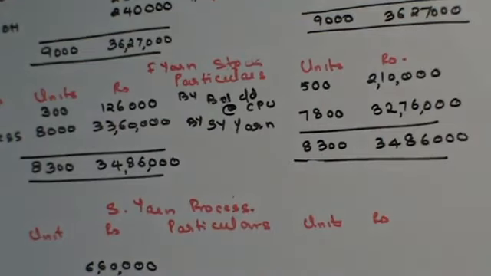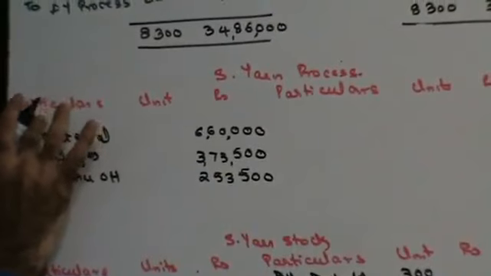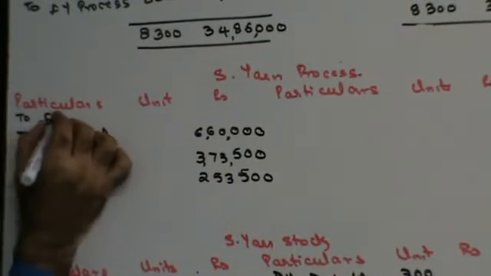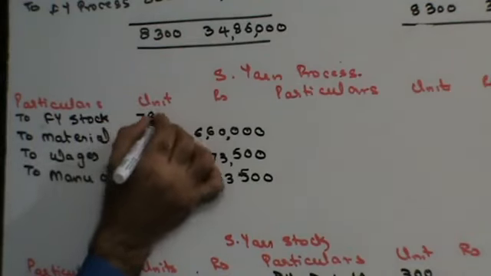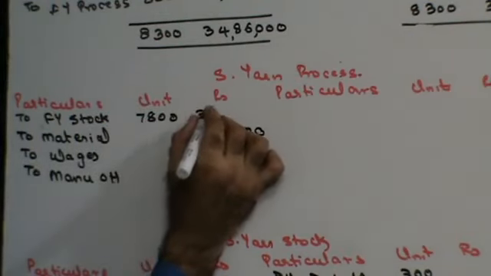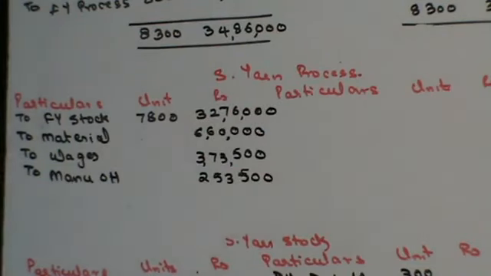Right? Transfer this here. This is going to be to FY stock. FY stock 7,800 units, 32,76,000. Right? Now let's tally this.